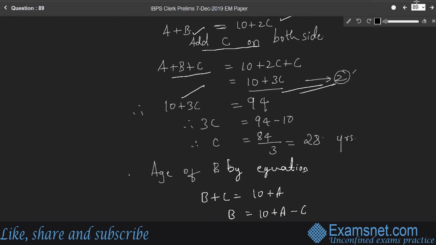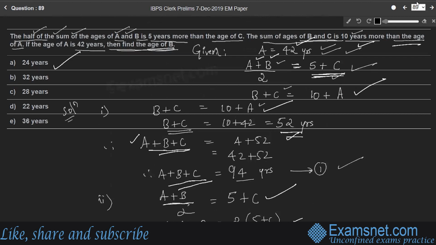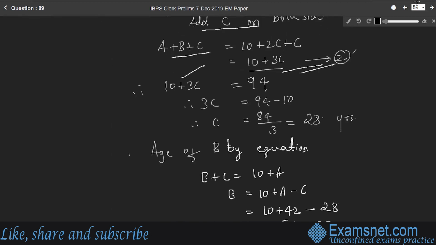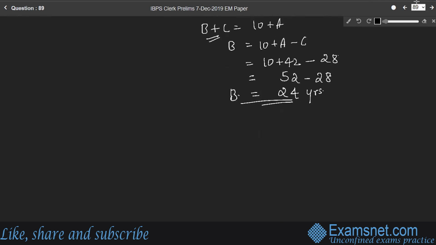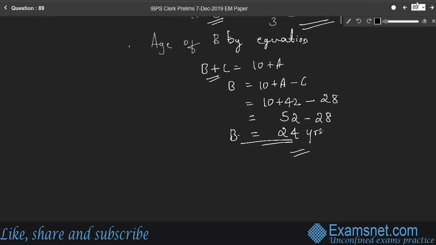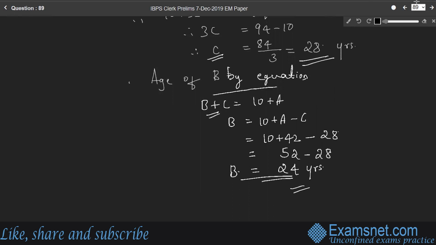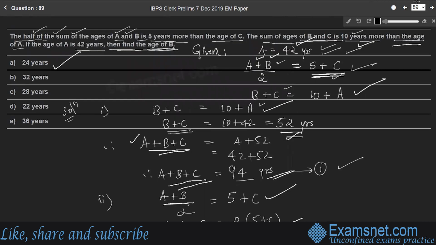So we can equate 10 plus 3C to 94. Already we have got the equation. So C as 28 years. So by the value of C, we can calculate age of B, which is equal to 24 years. From the formula, B plus C is equal to 10 plus A as given in the question. Right? Therefore, option A is the right answer.